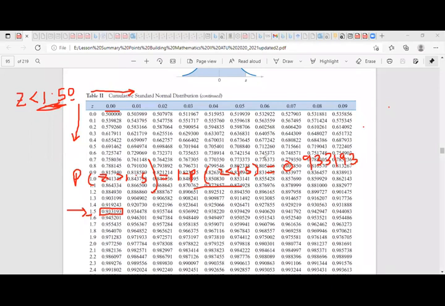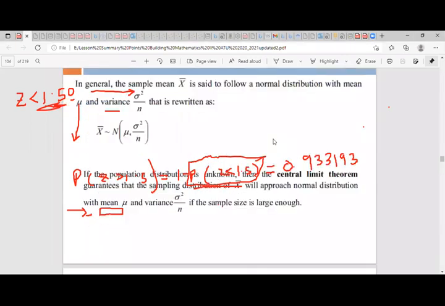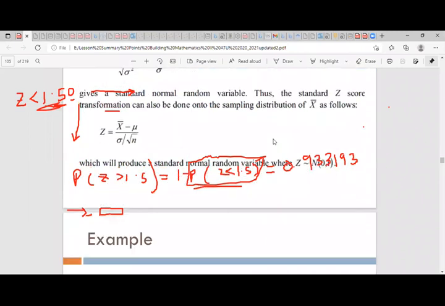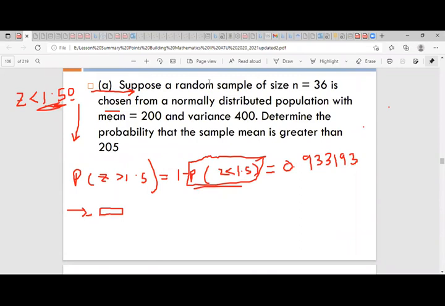But don't forget that is just the probability we have read. If we want the final answer, that is going to be 1 minus this probability we just found.